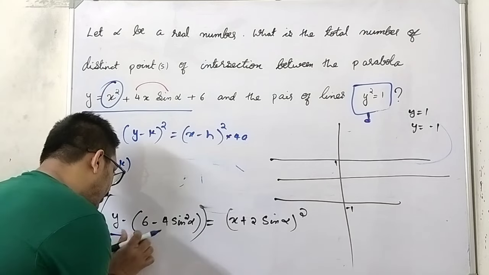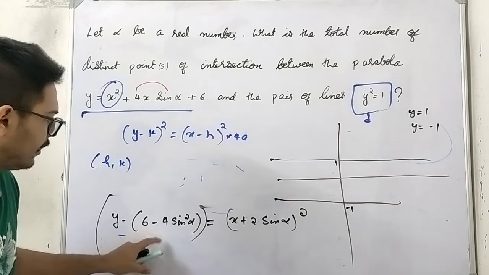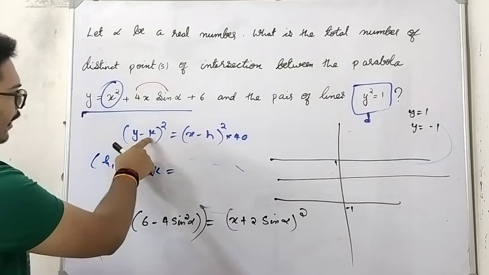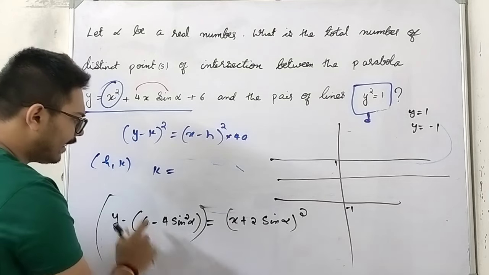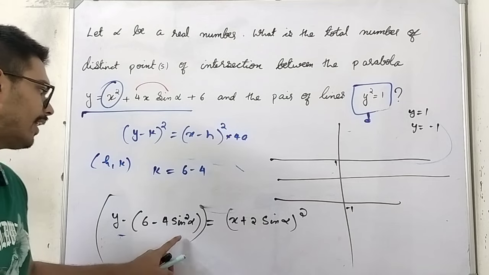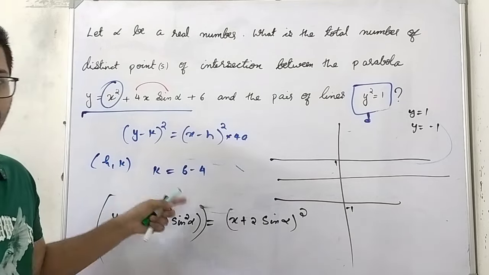The maximum value of sine square alpha is 1, which means the least value of k, the y coordinate of the vertex, is 6 minus 4, when sine square alpha is maximum.